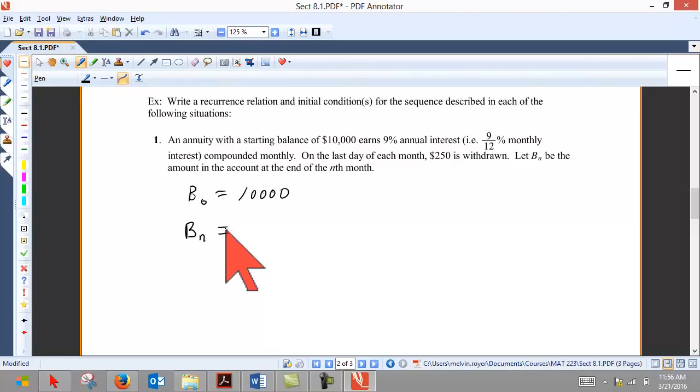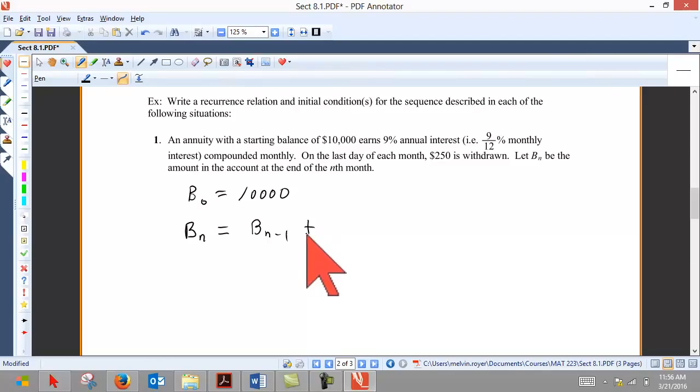So now I'm trying to relate this back to, this is how much I have at the end of, say, this month. I'm trying to relate it back to how much I had at the end of the last month. So what happens here? Well, first of all, I have what I had last month, but then two things happen.